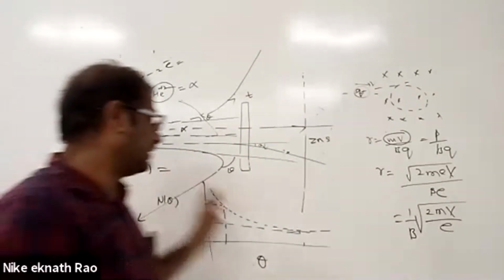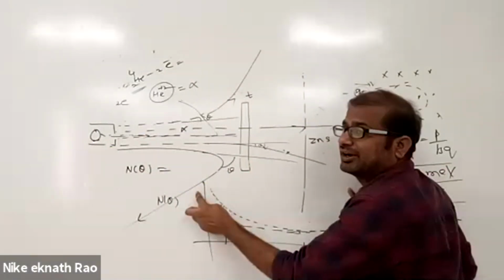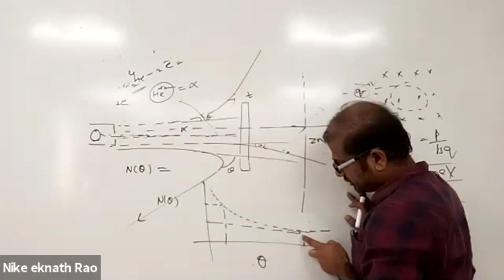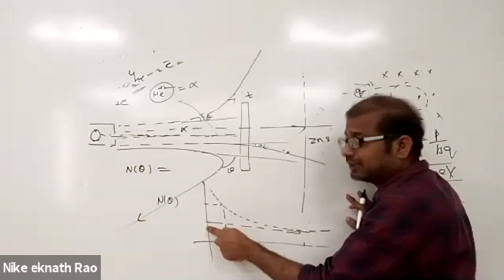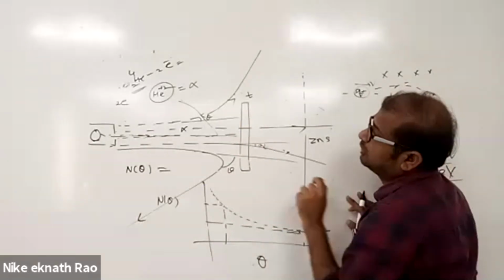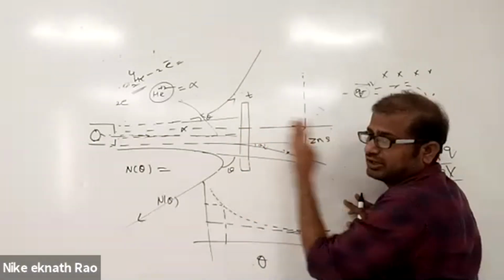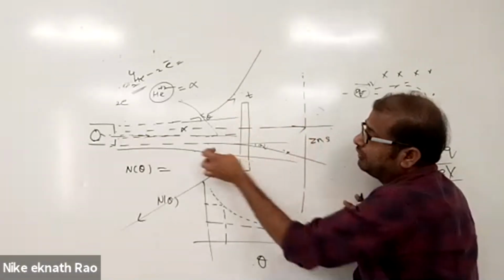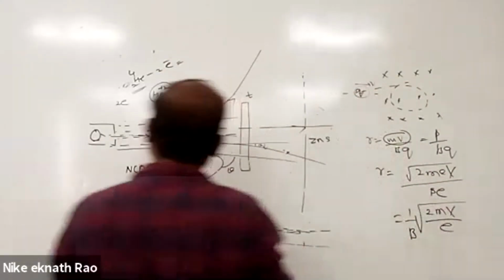In lesser angle, more scattered particles; in more angle, lesser scattered particles. So from this we understand that most of the alpha particles penetrate and pass through, and very few are scattered. Then he defined one parameter called impact parameter.